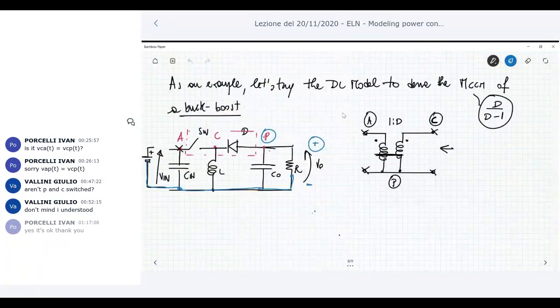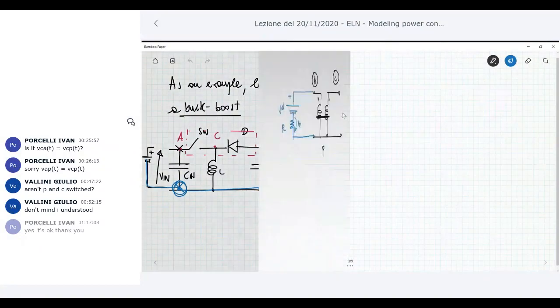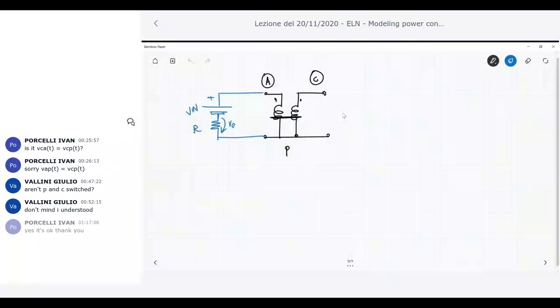Then what happens? You can see the negative side of the battery, this node here, this blue one, is also connected to this inductance. This inductance connects to the C node, the common node.